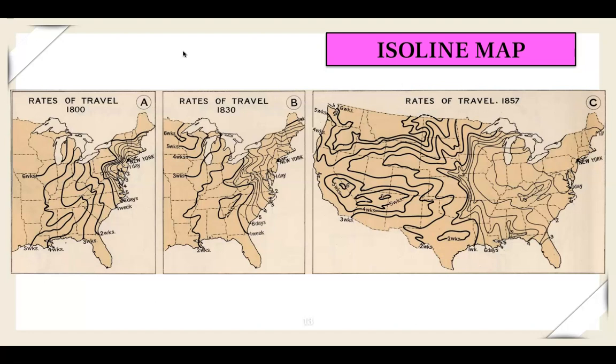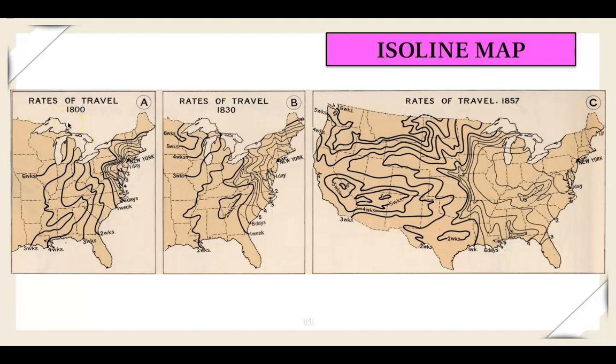So carry that principle over to here with these maps, where it's showing you how far you could travel from New York City in a day, or 2 days, or 2 weeks, or whatever, all the way on the left, starting in 1800.